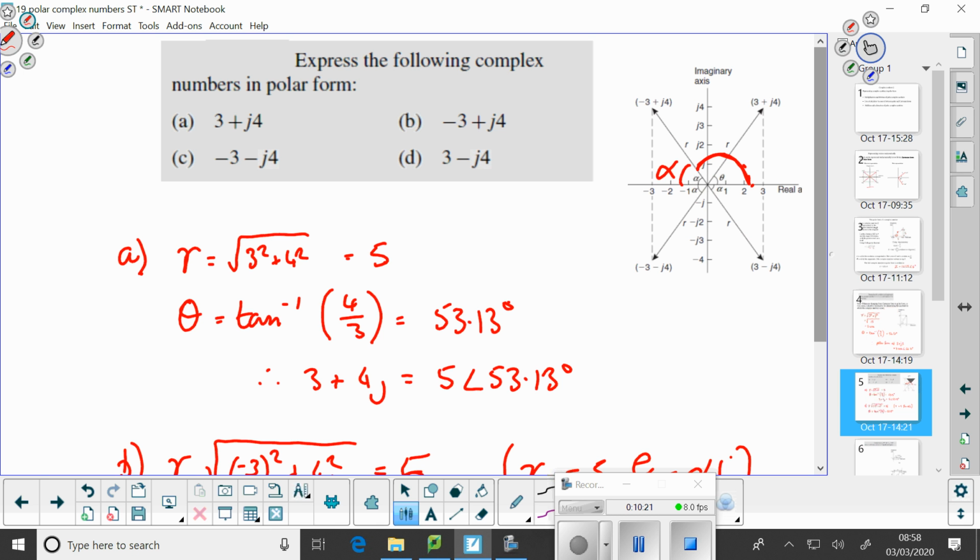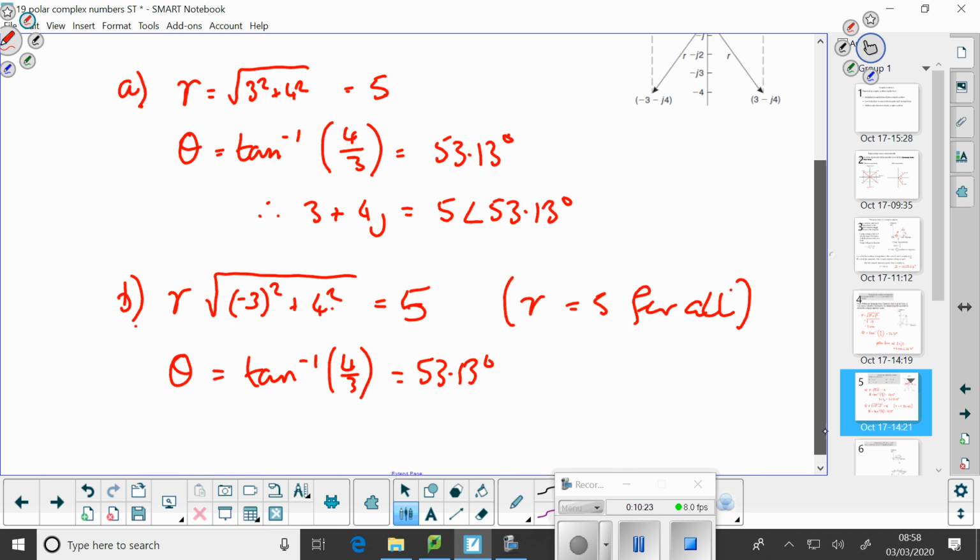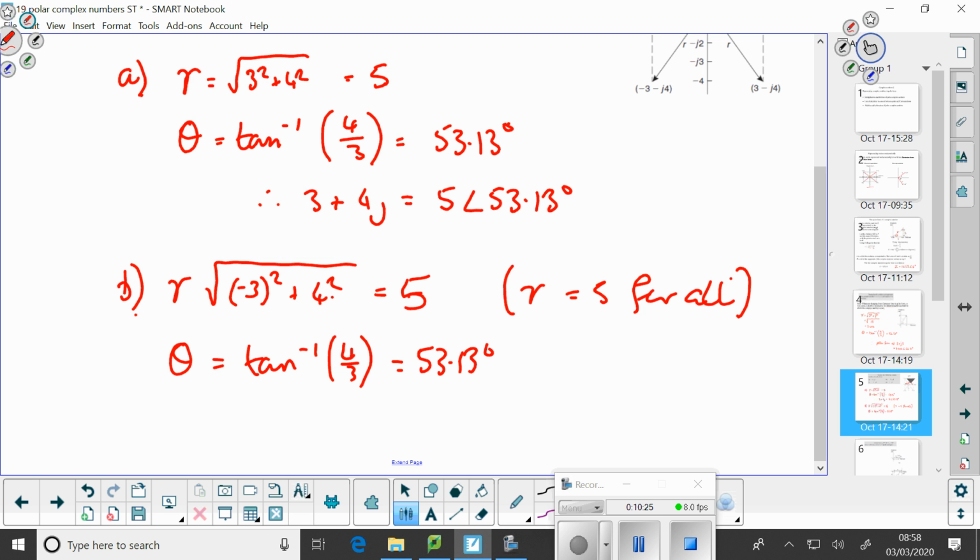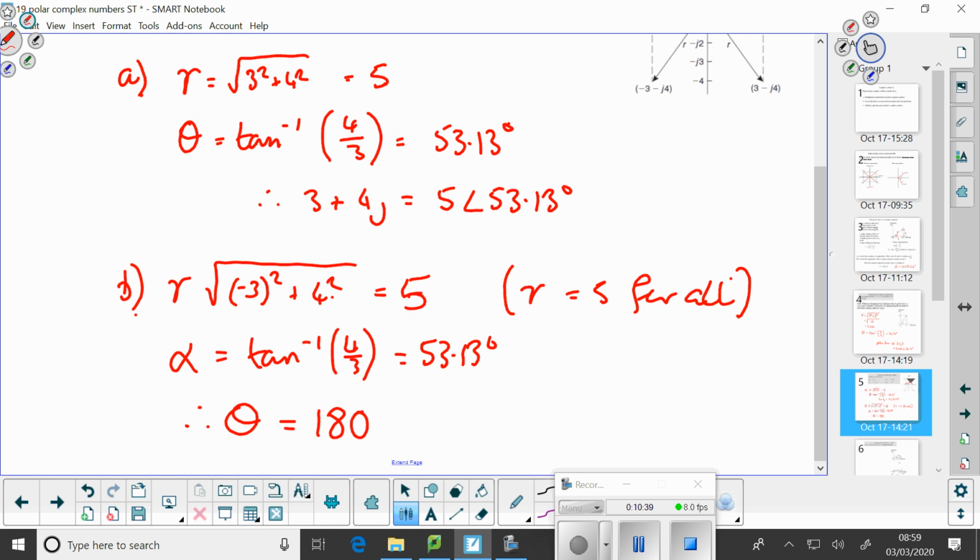So the angle here is 180 degrees minus 53.13 degrees, which is 126.87.